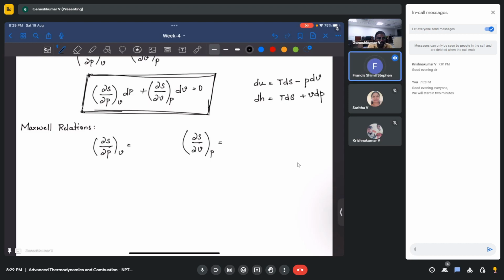Okay. So the TDS equation can only be used with a pure substance with constant composition. This is only for pure substance: a pure substance going through a phase change, or in a compression or expansion process. If you go into combustion, let's say hydrogen and oxygen reacting to give H2O, there will be additional terms in this TDS equation.